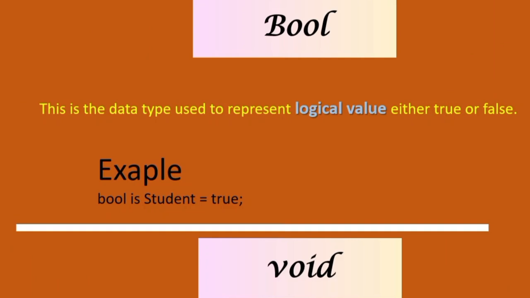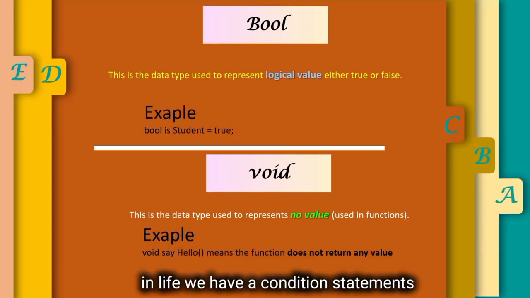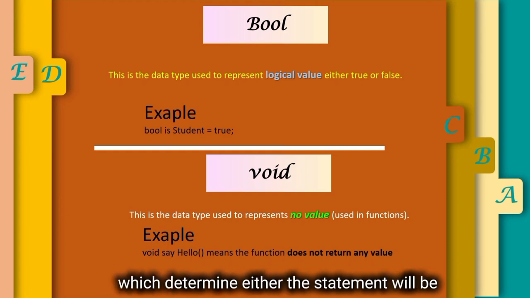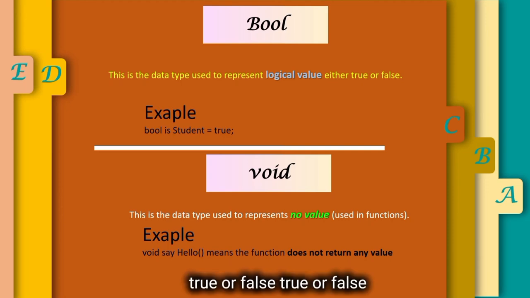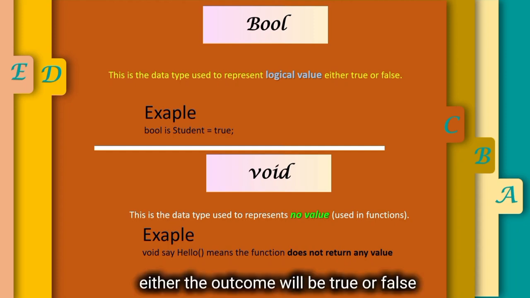For example, in life, we have conditional statements which determine whether the statement will be true or false, or a situation which gives a probability that the outcome will be true or false.